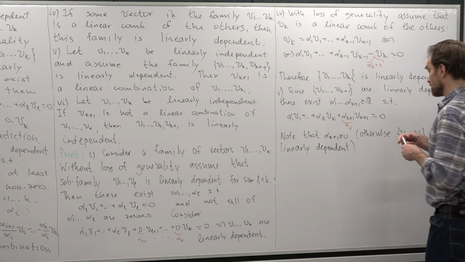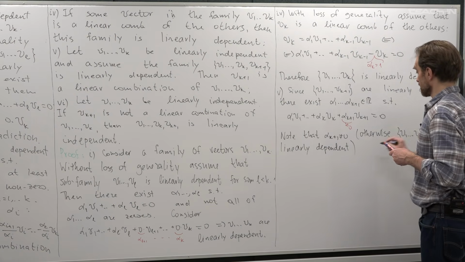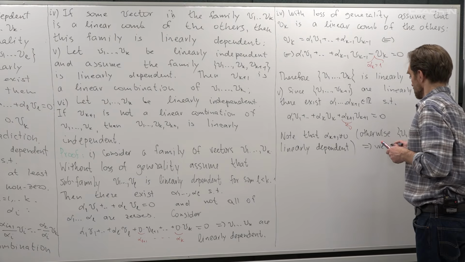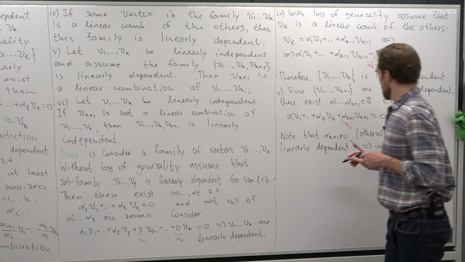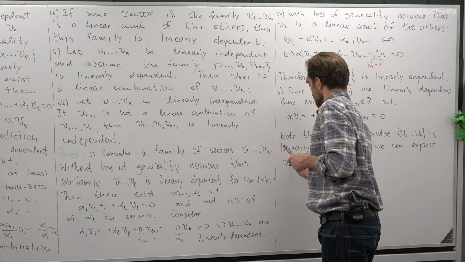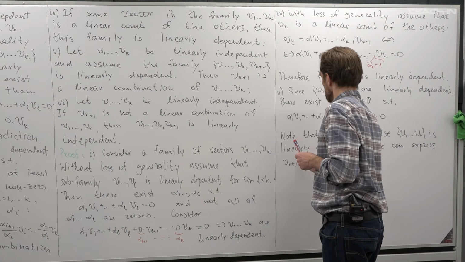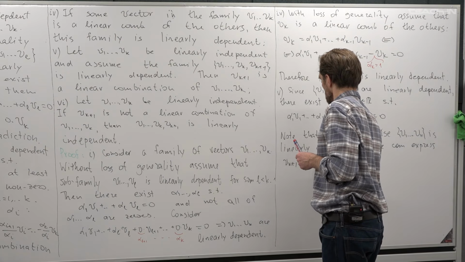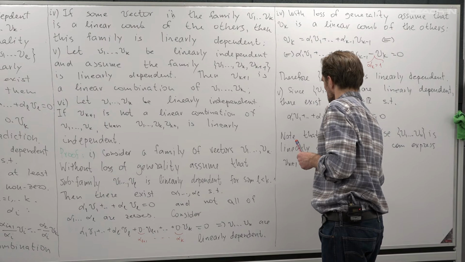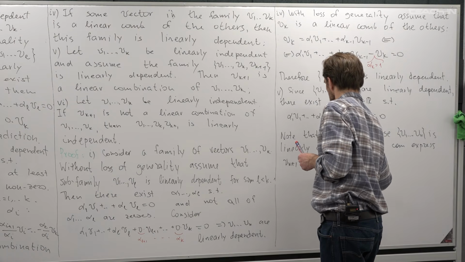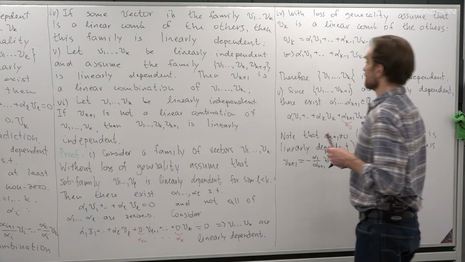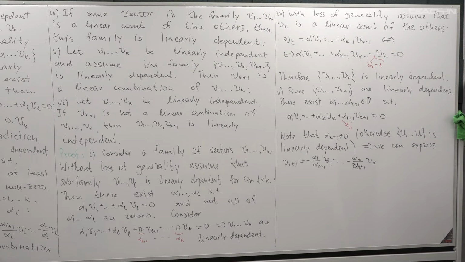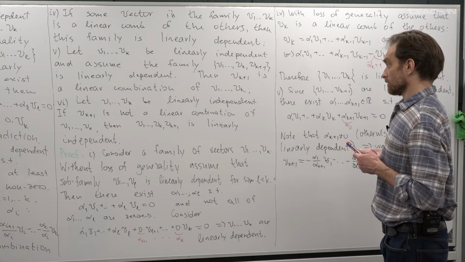So this coefficient is non-zero, so we can express vk plus 1 as a linear combination of the others, so minus alpha 1 over alpha k plus 1 times v1 minus etc. minus alpha k over alpha k plus 1 times vk. So this proves the fifth statement, and now let us move on to the last statement.